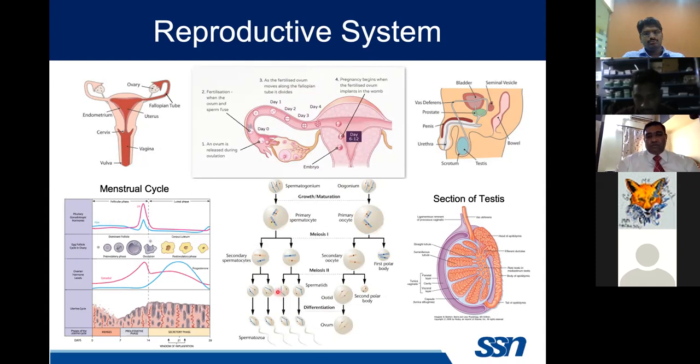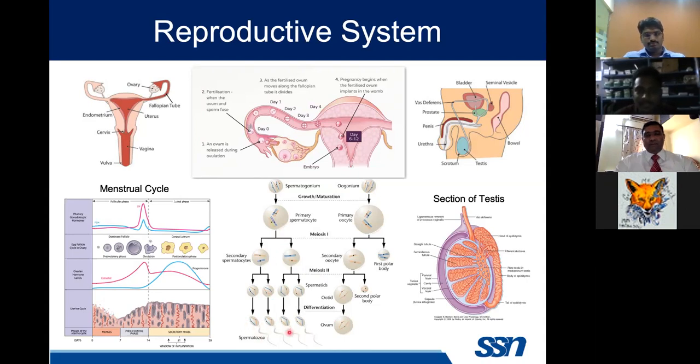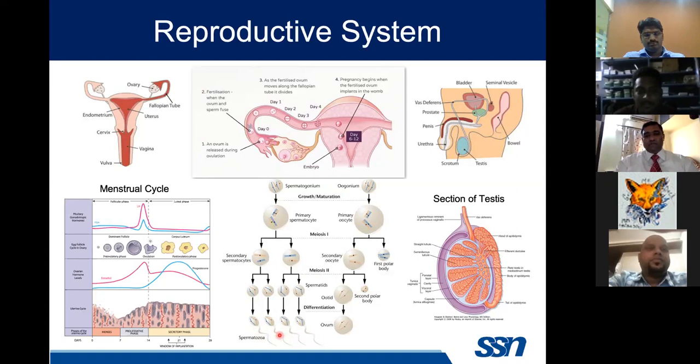Here I have tried to show how the meiosis process, the formation of spermatozoa as well as the ovum, takes place. So you can see here that the 2n number of chromosomes is converted to a single n number when a final spermatozoa and ovum is formed.